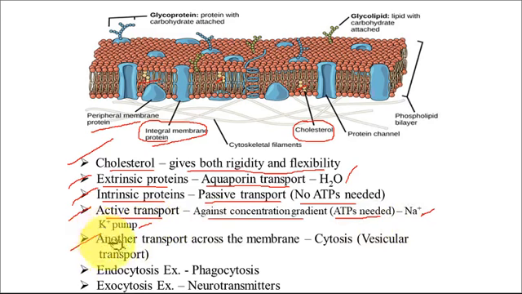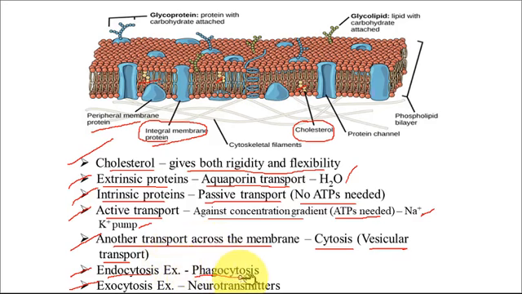Another transport across the membrane is cytosis, also known as vesicular transport, of which two types are there, endocytosis and exocytosis. In endocytosis, solid or liquid material is engulfed through the plasma membrane into the cell.